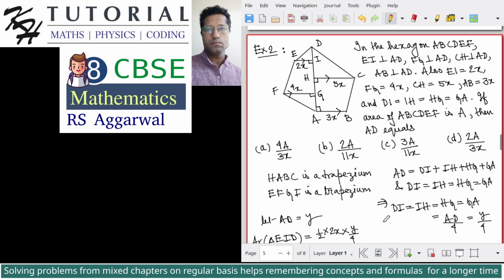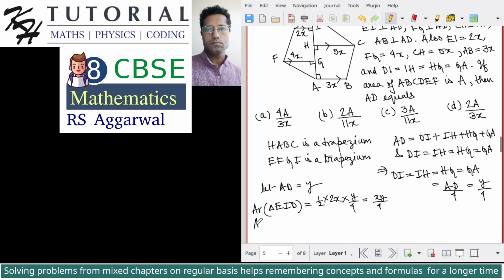This is equal to xy by 4. Okay, let's see the area of triangle FAG. It will be half into the altitude FG, which is 4x, and the base GA, which is again y by 4. This will be equal to xy by 2.